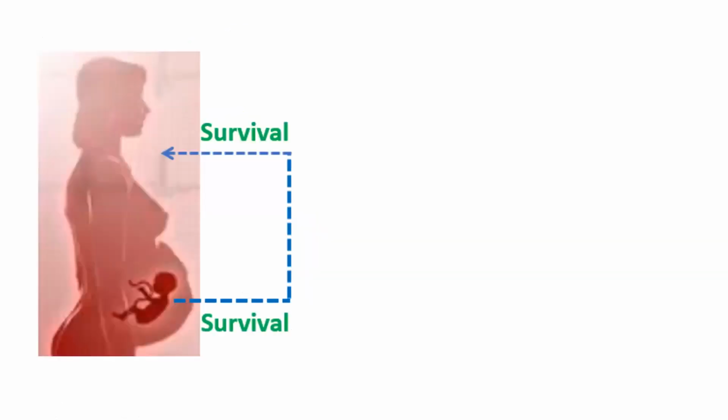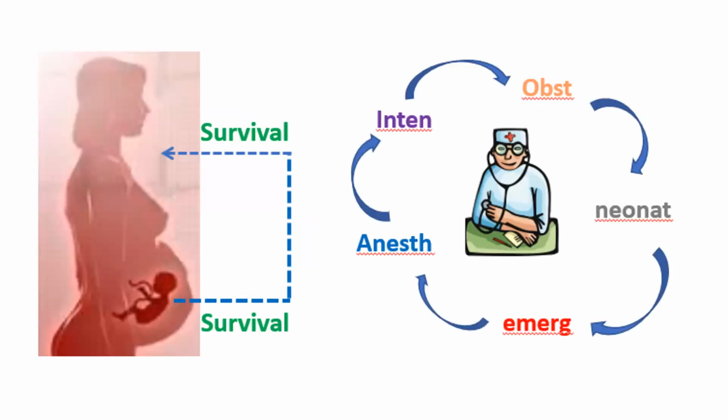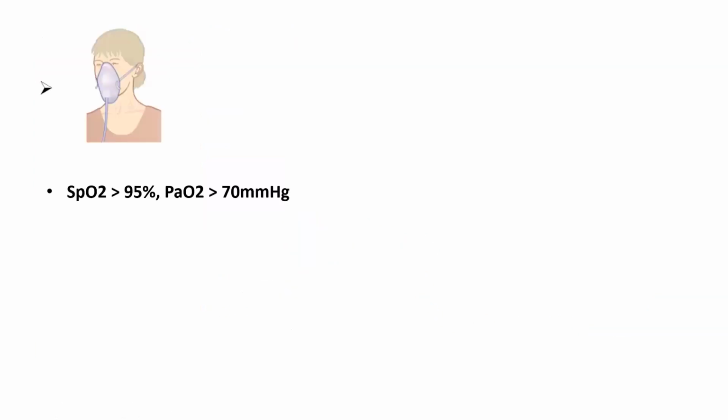Again, reiterating, survival of the fetus is very much dependent on the survival of the mother. So the whole focus should be on putting efforts and attempts to save the mother, and then worry about the fetus, and a multidisciplinary team approach is what is needed. Saturation in pregnancy has to be maintained at more than 95%, and PaO2 is desirable to maintain at more than 70 millimeters of mercury.